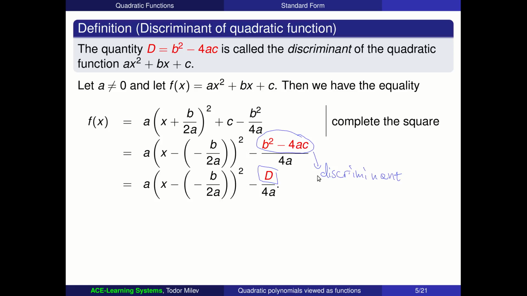I'm going to denote that discriminant with a capital D. And once again, I'm going to declare b squared minus 4ac to be the discriminant of the original quadratic ax squared plus bx plus c. So that expression, b squared minus 4ac, is called the discriminant of the quadratic function.